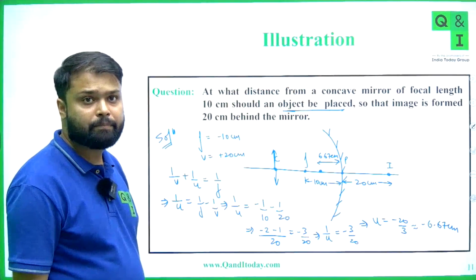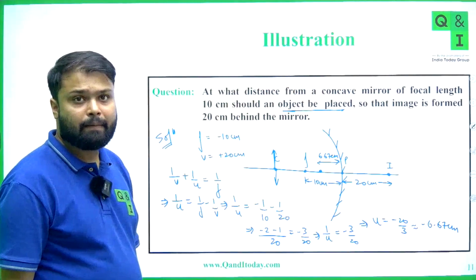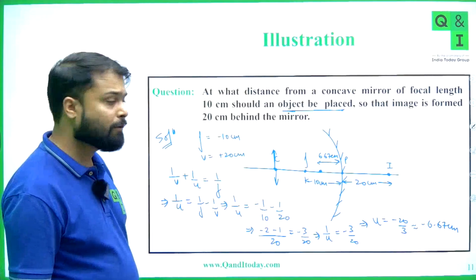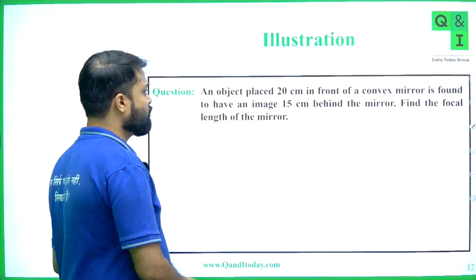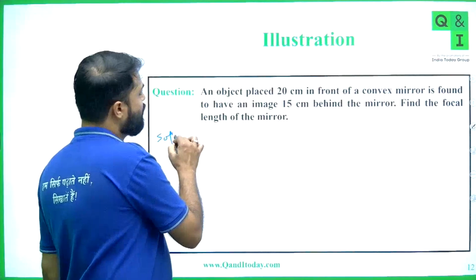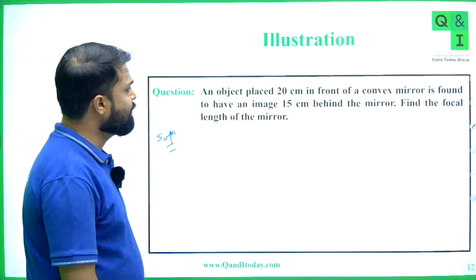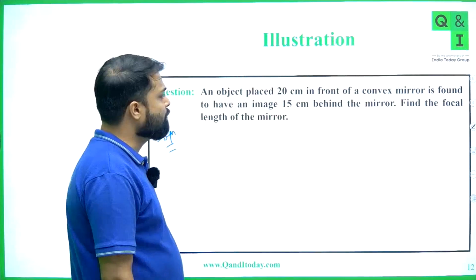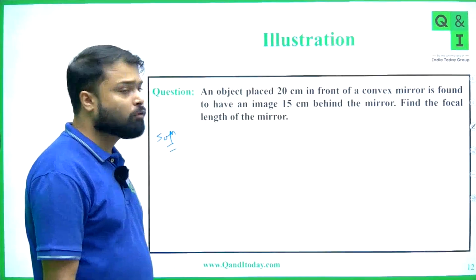Okay. Anyone, any doubt? Okay, very good. Now, next question. An object placed 20 centimeter in front of a convex mirror is found to have an image 15 centimeter behind the mirror. Find the focal length of the mirror.